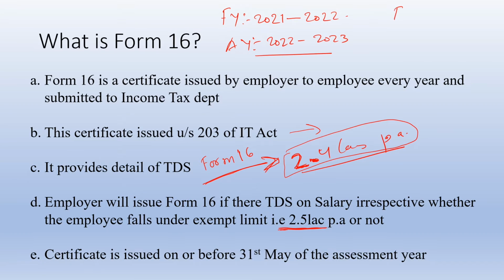So the employer will have to issue this Form 16 on or before 31st May 2022 for the financial year 2021 to 2022, or the assessment year 2022 to 2023.